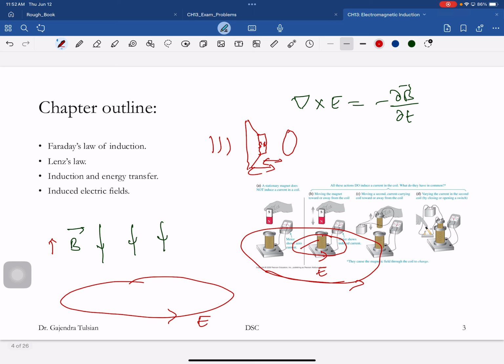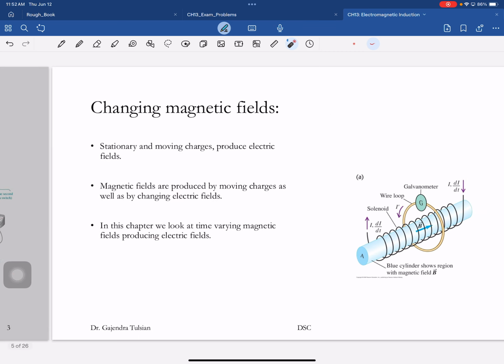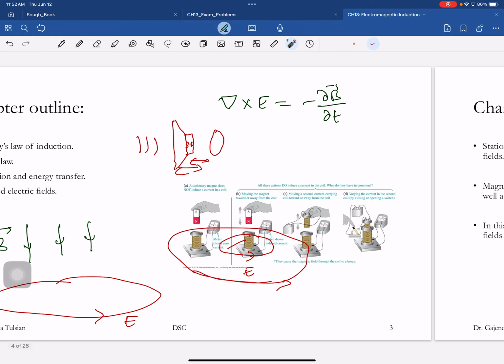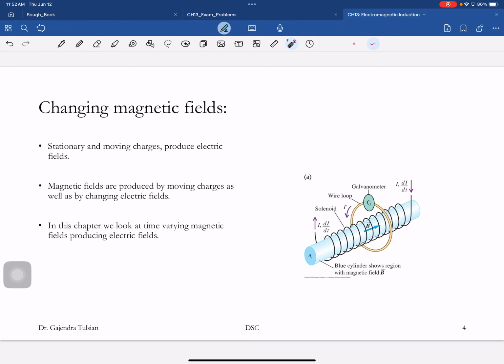All right, so what do we want to remember? Anytime you're changing the magnetic field, you're inducing an electric field. Stationary and moving charges produce electric fields. Magnetic fields are produced by moving charges as well as changing electric fields.